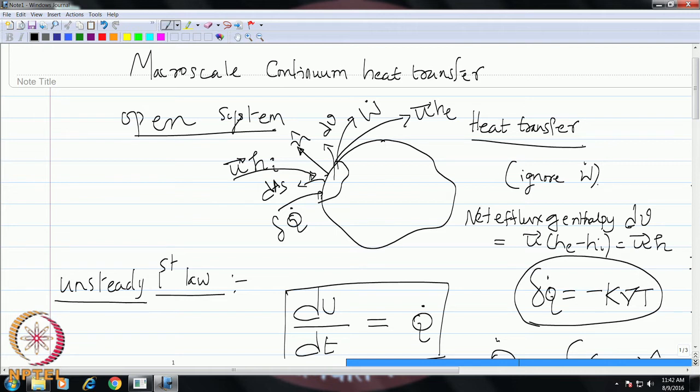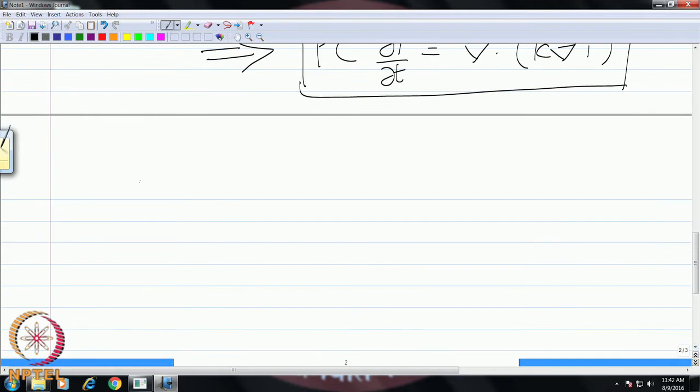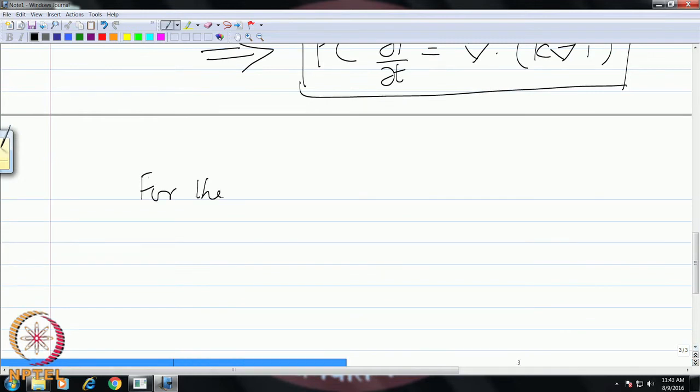It is the integral of this over the entire control surface, because flux is a surface related phenomenon. So, we will extend this to the entire control surface.